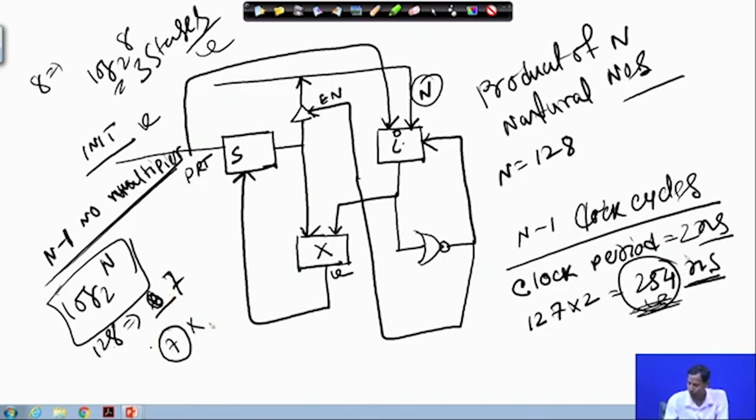In each stage, each multiplier requires 2 nanoseconds. So a total of 14 nanoseconds will be the time requirement for the parallel implementation.